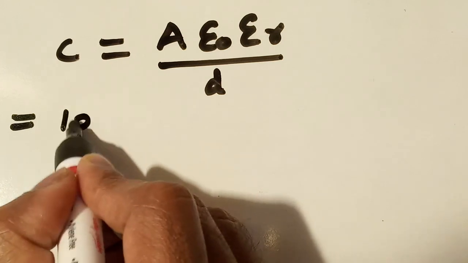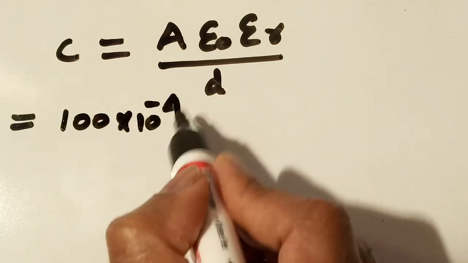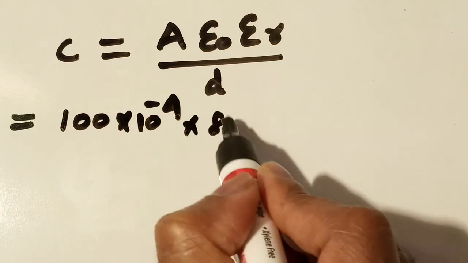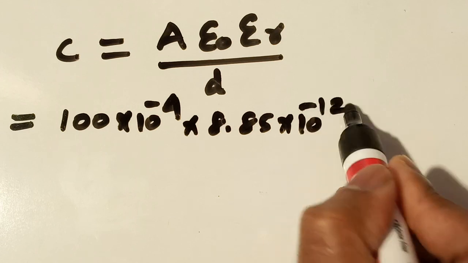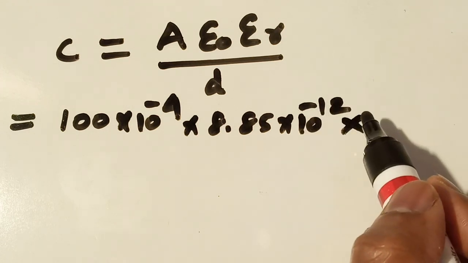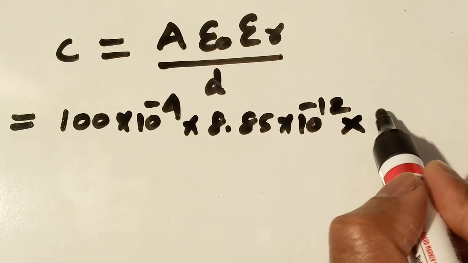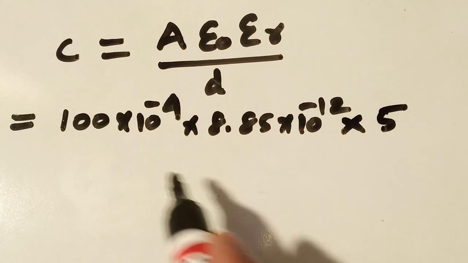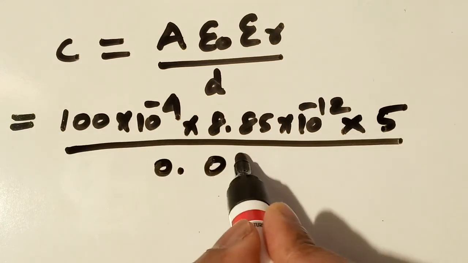We need it in meters, so 100 into 10 to the power minus 4 meters is the area. Epsilon naught we know 8.85 into 10 to the power minus 12. And the relative permittivity of glass is 5, divided by D. D is 0.01.